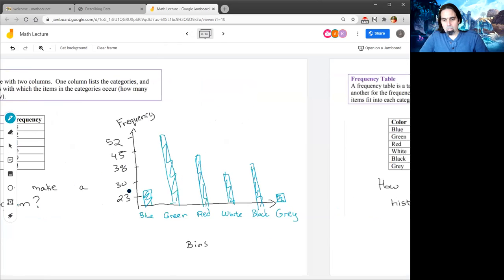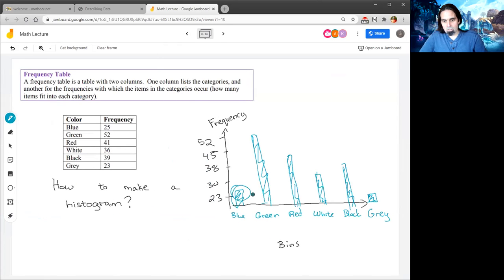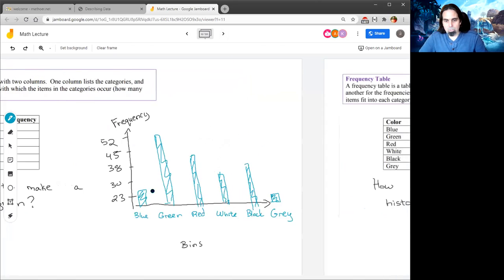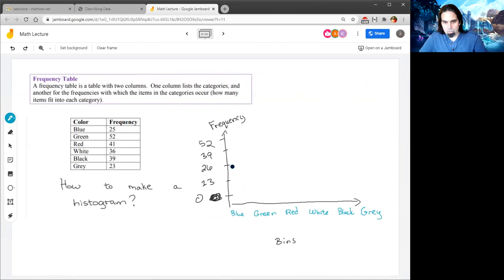I'm saying this one makes it look like there's more of a difference. Right? This one is a lot smaller than that one. If I start at 0, then the 25 goes here. The 52 is still the tallest. The 41 is like that, more or less.